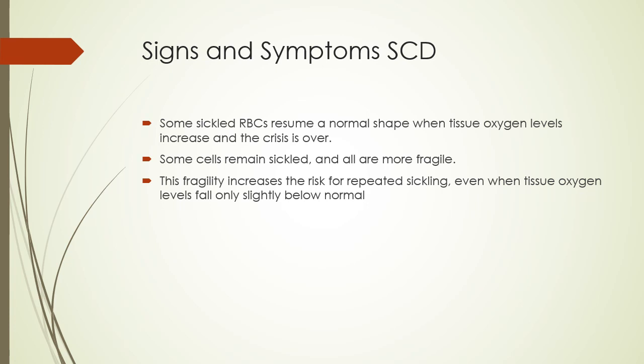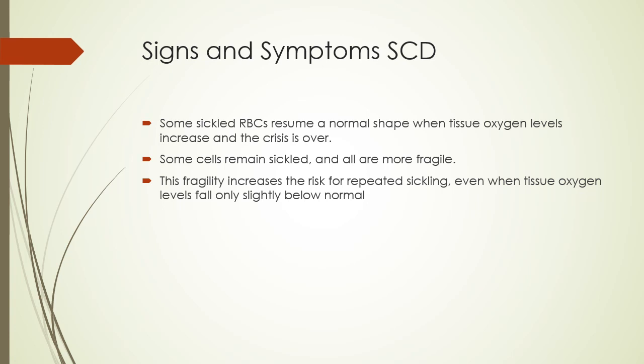So when the oxygen levels are coming back to normal, some of the sickled cells will resume the normal shape, while others will remain sickled. At the same time, there will be more fragile cells that didn't recover, and the fragile cells can trigger even more sickling.